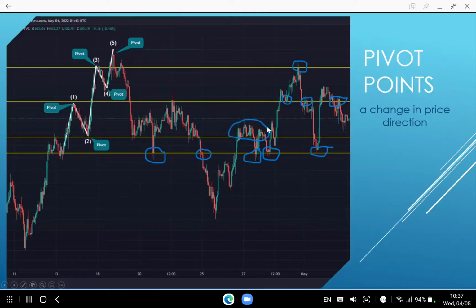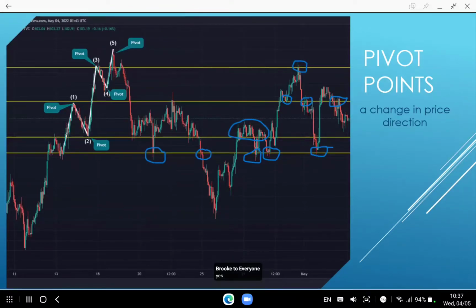I mean, it was a lot. So this was a really nice support area, but then it broke through, retested, acted as a resistance. You guys see that? That's why I like pivots, because it respects those areas.